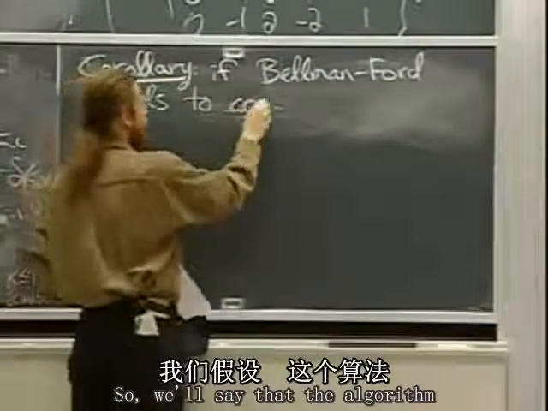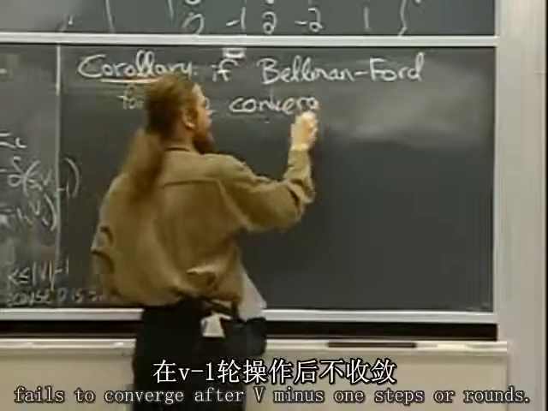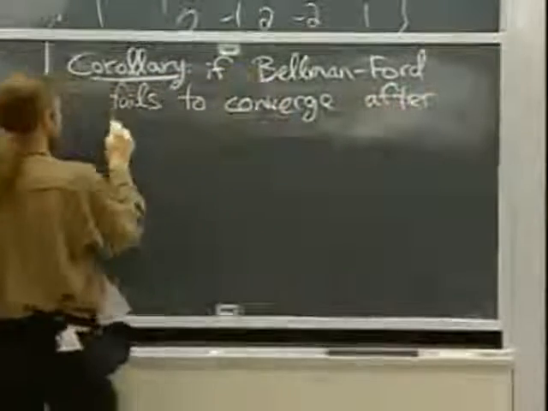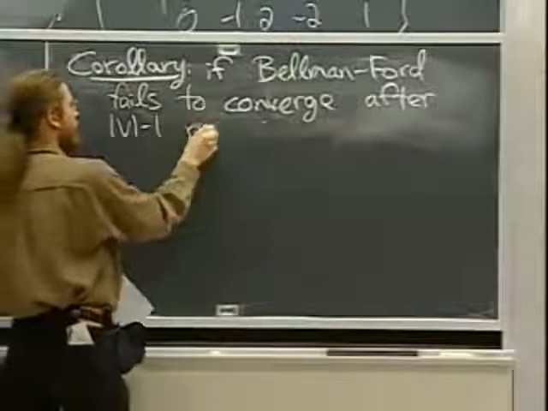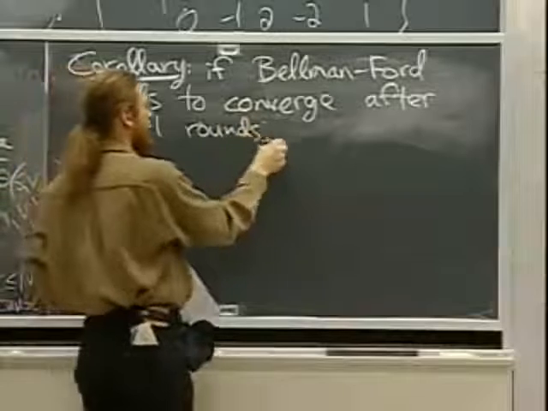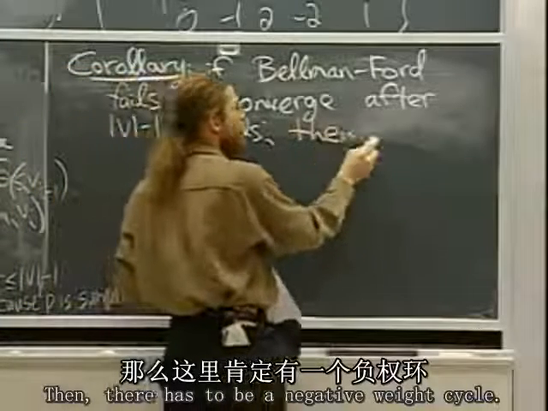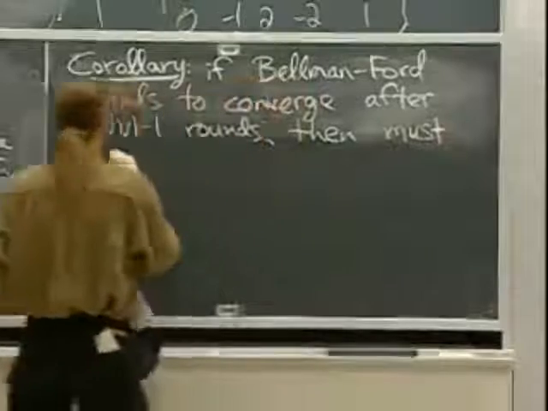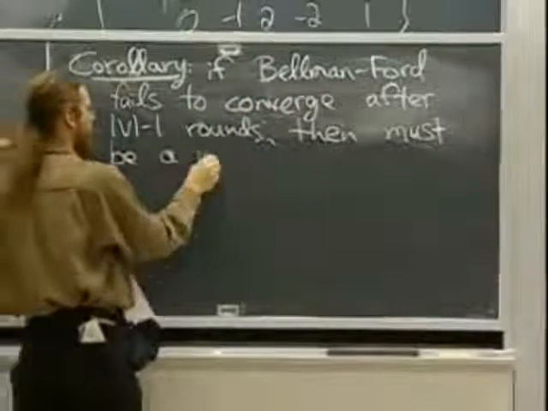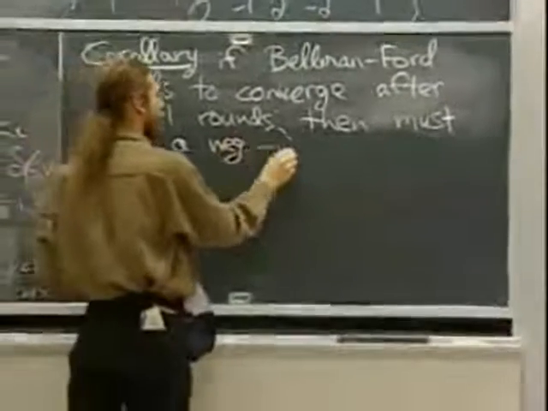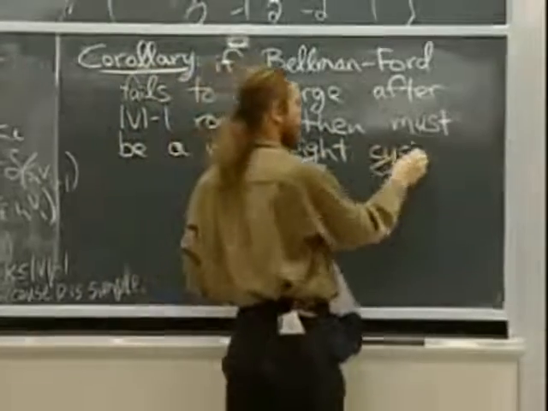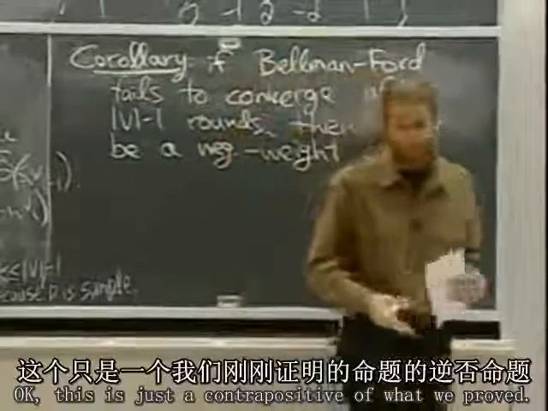So we'll say that the algorithm fails to converge after v minus 1 steps, or rounds. Then there has to be a negative weight cycle. Okay, this is just the contrapositive of what we proved.